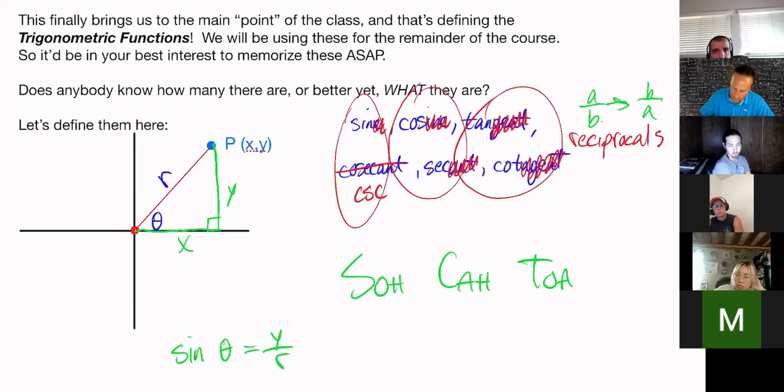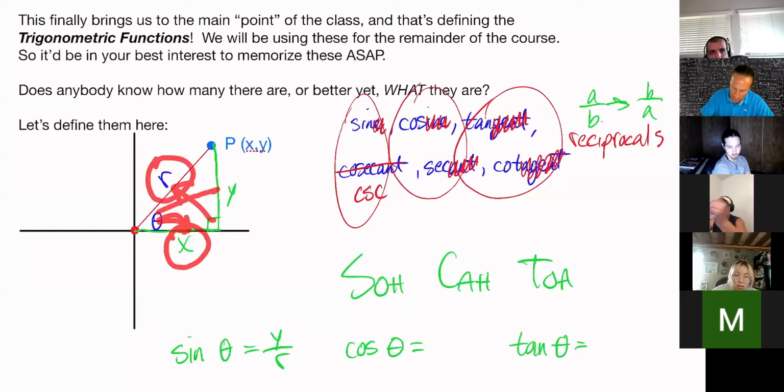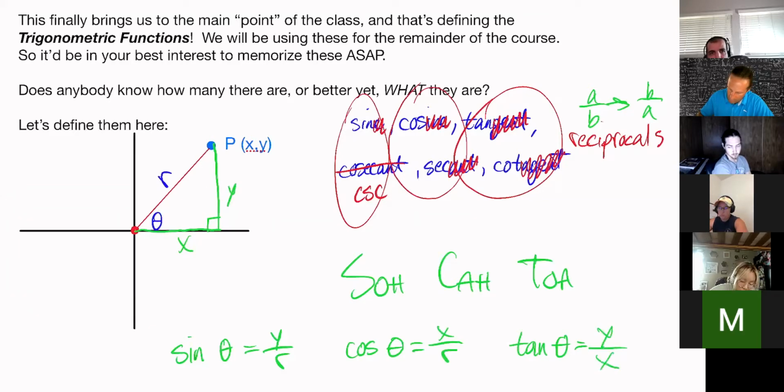Okay, how about cosine of theta and tangent of theta? X over R. Good. Cosine is going to be the adjacent, not the opposite, but adjacent over the hypotenuse. So x over r, as somebody mentioned. And then tangent. Y over X. Opposite over adjacent, that would be the y over x.